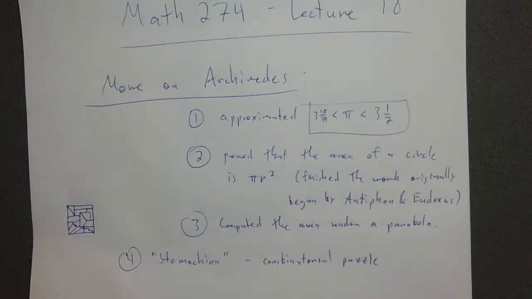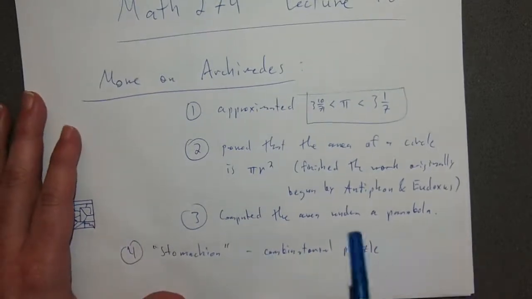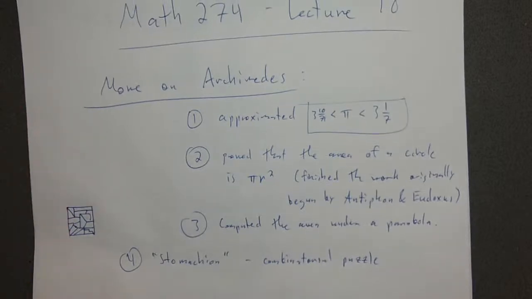Like if you removed Archimedes out of the ancient world, there wouldn't be this spike in mathematical achievement where Archimedes gets so close to calculus, right? I showed how in the quadrature of the parabola, computing the area under a parabola, he's essentially doing calculus, right?